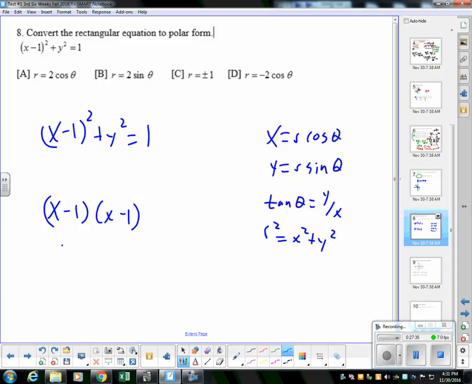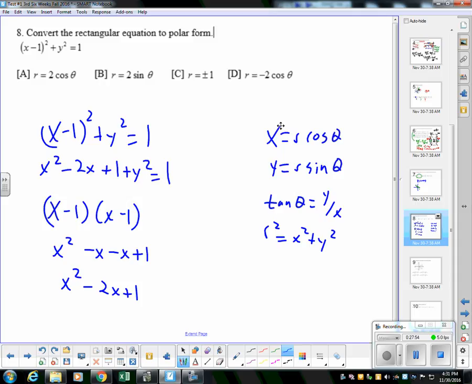If I multiply it, I'm going to have x times x plus negative 1 times x plus negative 1 times x plus 1, which is x squared minus 2x plus 1. So that means this thing is x squared minus 2x plus 1 plus y squared is equal to 1.